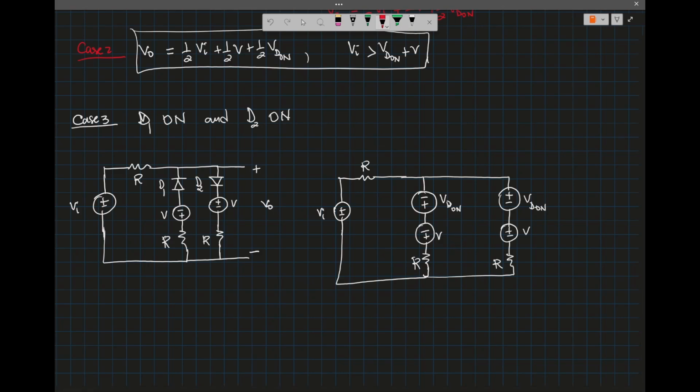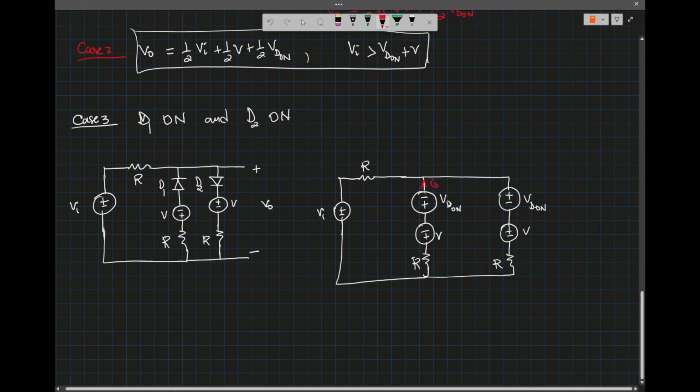So first of all, the current ID1 is there and ID2 is there, so they're both positive. So the assumption is that ID1 is positive, ID2 will be positive because they're on. So what I'm going to do, I'm going to write KVL around this loop.